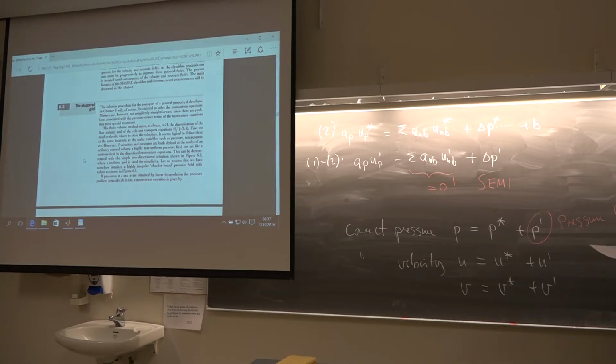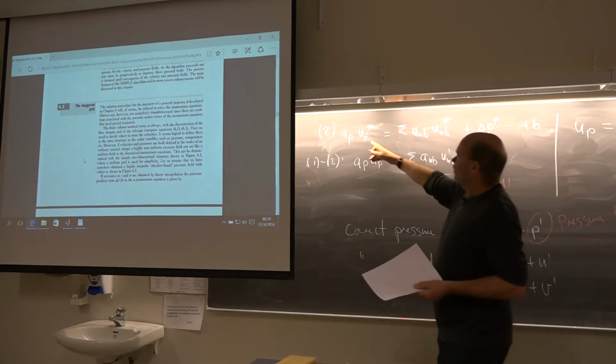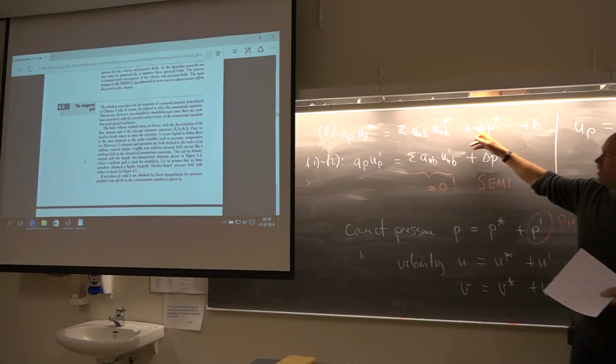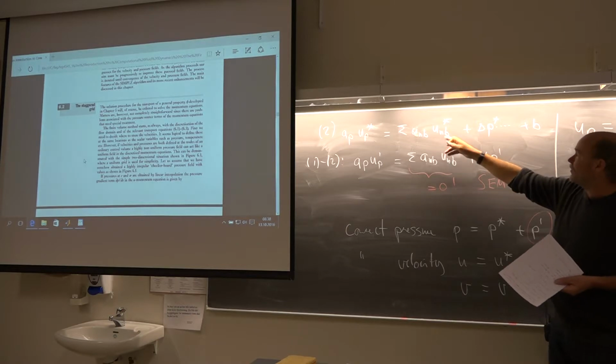And then what? Well, now if we insert the equation system, it should then be possible to get the following equation. Let's see now. We will have this equation here, UP equals, and now this UP star. He's not a problem. This first calculation based on the guessed pressure and the guessed neighbor velocities.